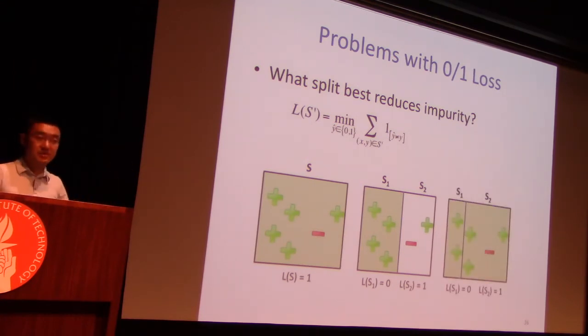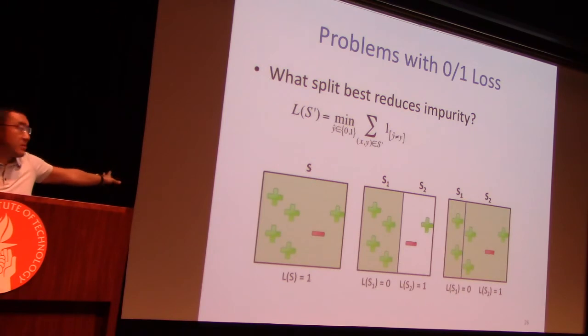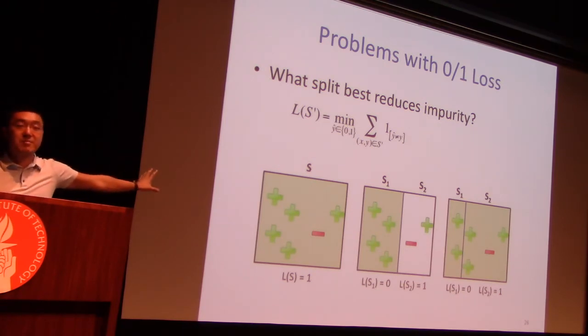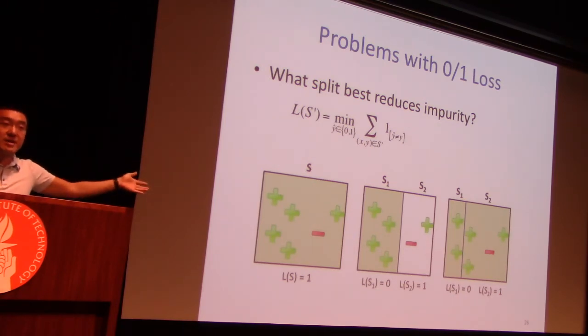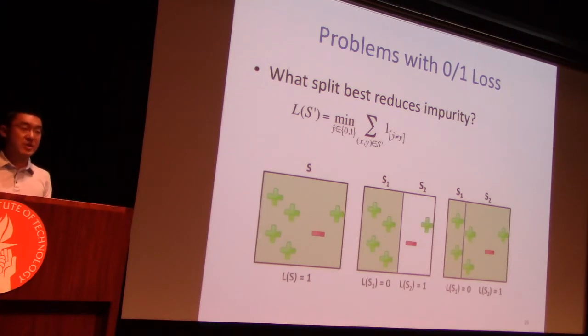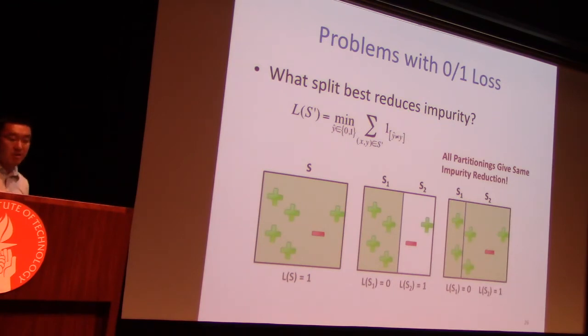You could do the exercise yourself, but because this particular data set is not linearly separable, no single split of the data will change the 0-1 loss from 1 to 0. So all partitions give the same impurity reduction, in particular 0.